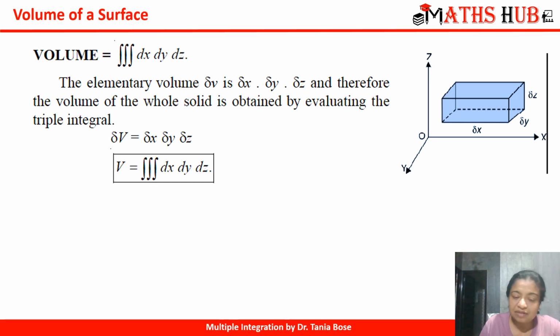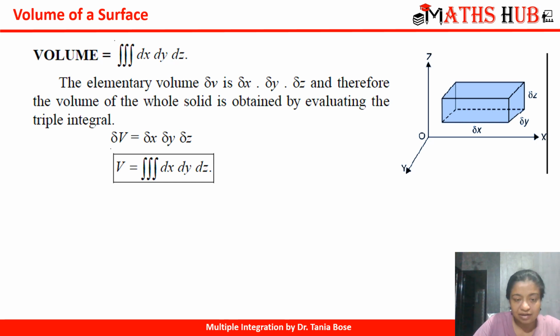Now, in my previous video, I also talked about how to convert the Cartesian system to the spherical polar system or to cylindrical coordinates. In a similar way, we can convert volume using the spherical or cylindrical coordinate system, and we have a different formula for volume.